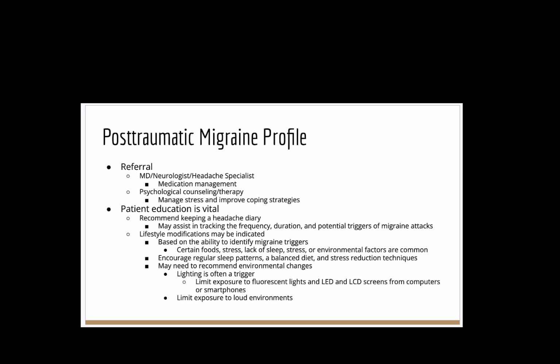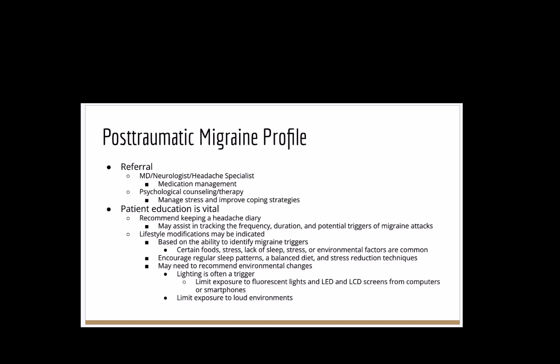And so there are certain things that you can kind of key them in on if they're having a hard time figuring out, like certain foods could create it. Stress is another one. Sleep hygiene is another one. Environmental factors can be common, especially lighting. I don't know how a lot of you feel about like the fluorescent lights in our classrooms, but man, they hurt my eyes, and I don't even have a migraine going on.